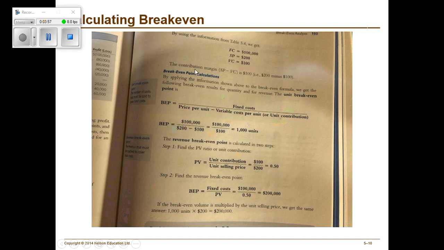As we saw up here, our contribution margin is $100. So if we have our fixed cost, which is 100,000, divided by our contribution margin, which is $100, then our break-even point is 1,000 units.